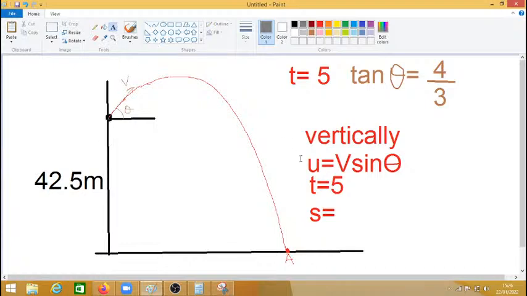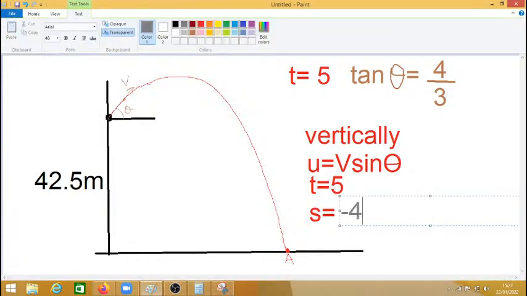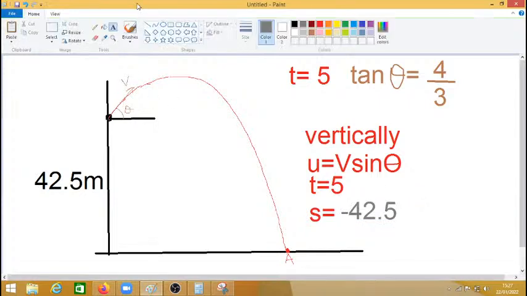So we can say that the displacement is 42.5, but just be careful because we're going upwards, then we need to put a minus 42.5 because this is not going 42.5 up into the air, it's going 42.5 down into the valley below. So just be careful of that.